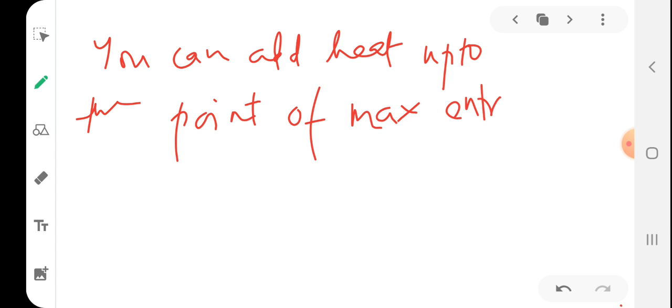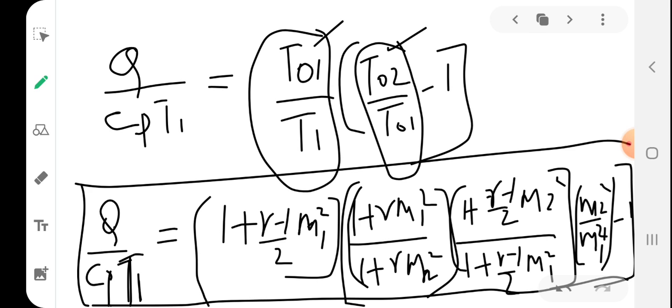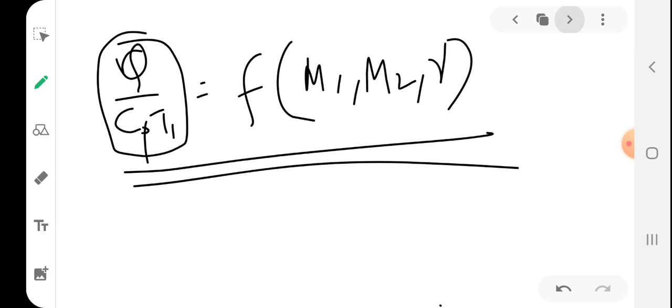Maximum entropy. So the second Mach number M2, this equation here will become Qmax if M2 equals 1. Okay, so substitute M2 equal to 1 here.